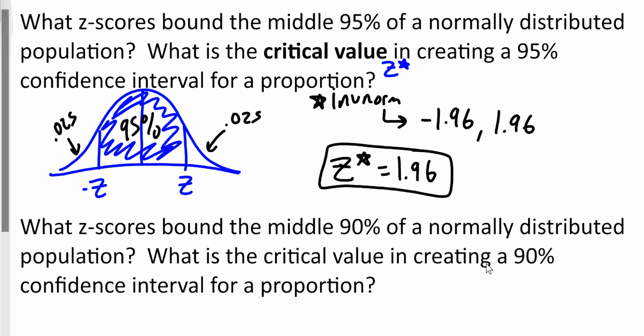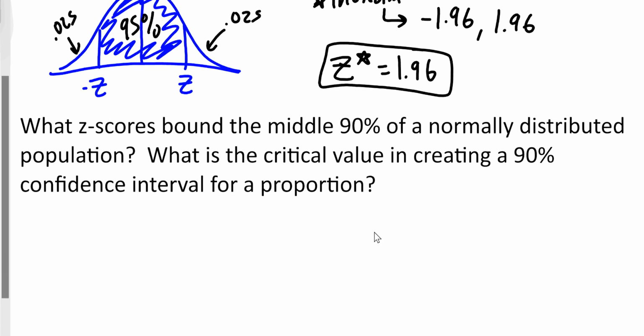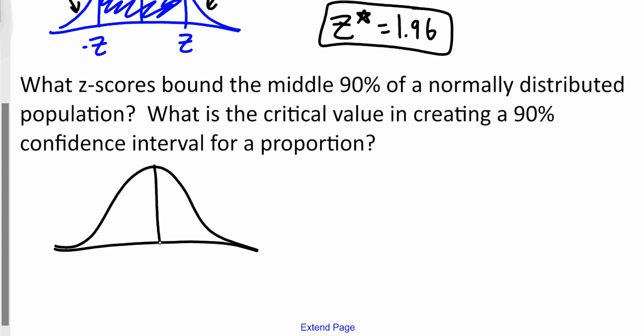So, follow up: what z-score bounds the middle 90% of a normally distributed population? What is the critical value? Same idea, just a slightly different visual. Again, we want 90% on the inside, so we want to find the z and the negative z for those.